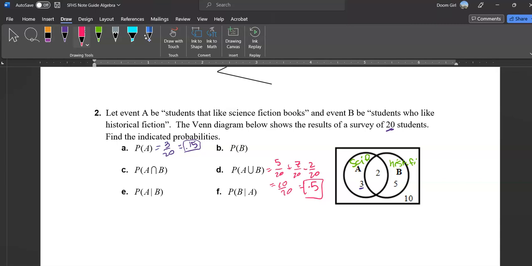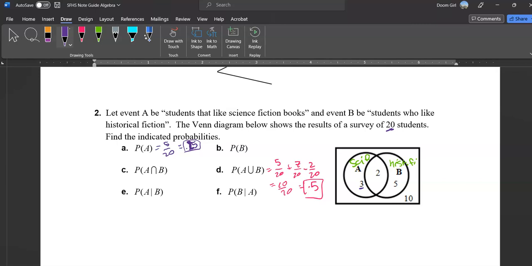So let me go back and fix this first one because I totally screwed up, because I did forget that we do have those 2. It's not just 3. Those 2 also fit within that category. So it's actually 5 out of 20. My bad. Which is 1/4. So 0.25.